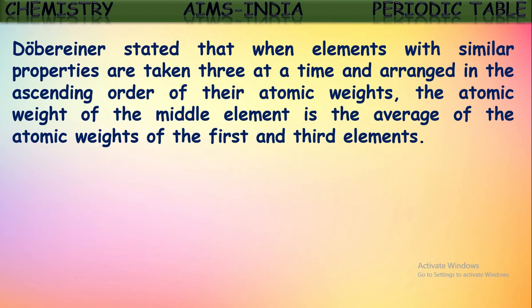So what did he observe? He took three elements with similar chemical properties and arranged them in increasing order of their atomic weights. Then he observed one more interesting point: the atomic weight of the middle element in that set of three is equal or nearly equal to the average of the atomic weights of the remaining two elements, that means the first and third elements.